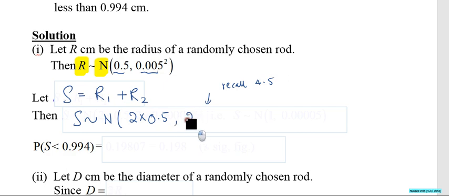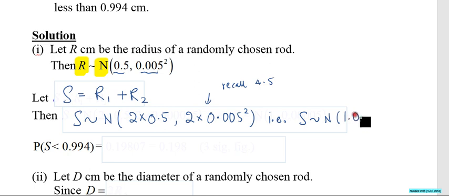This is, i.e. S follows a normal distribution with mean 1.0 and variance 0.00005. 4 zeros, I think. Yeah, 4 zeros.